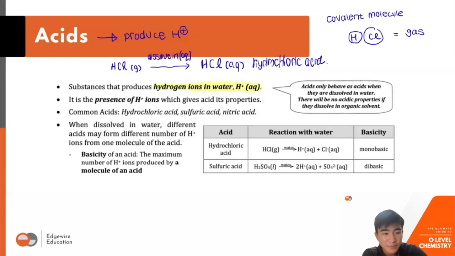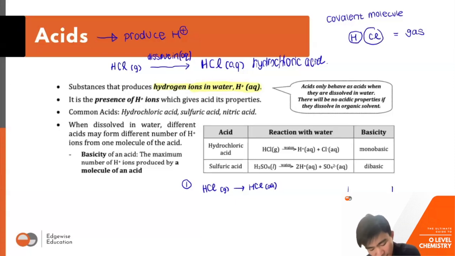If we are looking at HCl, we see that we have H+ and we have Cl-. How does that actually work? There are 2 stages. Stage number 1, the HCl gas, whatever I write on top, will become HCl aqueous. This is when I dissolve into water. On a picture perspective, it looks something like this.